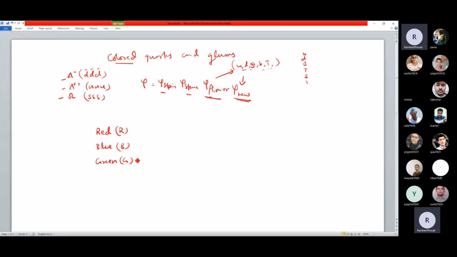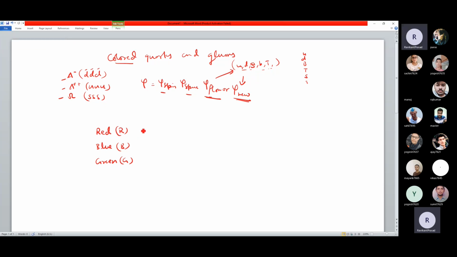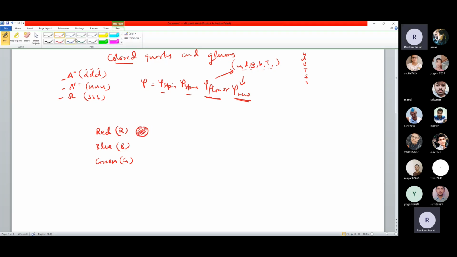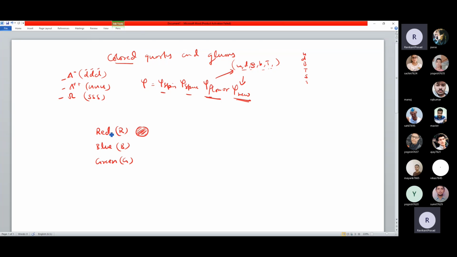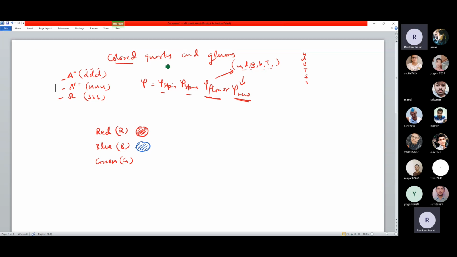So when you mix the RGB, you get a colorless value. So that is why these colors have been used. So we can see something like this one. So we have a red color quark, and we can have a blue color quark, and we can have a green.